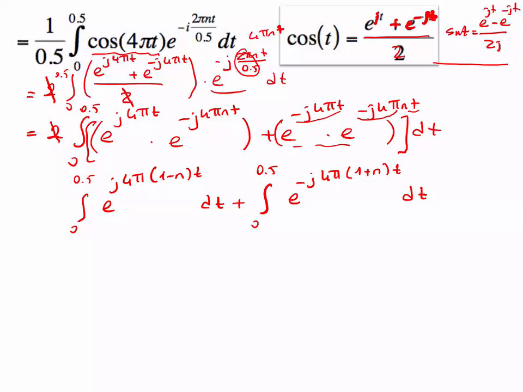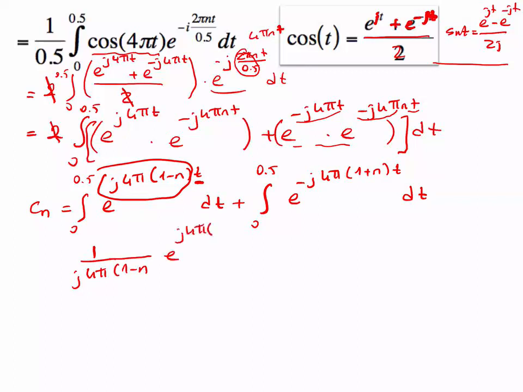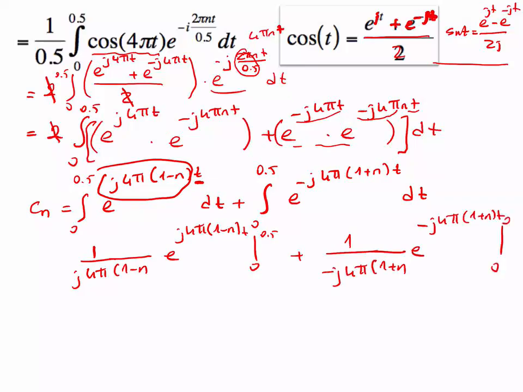Okay, so what are the coefficients then? I'm going to get this one down: 1 over j 4 pi (1 minus n) e to the power j 4 pi (1 minus n) t from 0 to 0.5, plus 1 over minus j 4 pi (1 plus n) e to the power minus j 4 pi (1 plus n) t from 0 to 0.5.